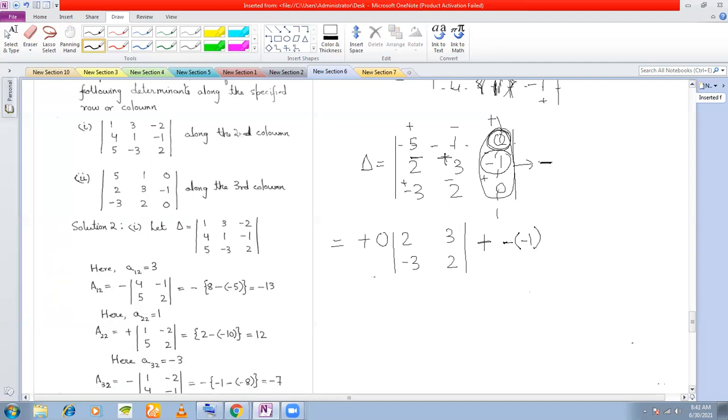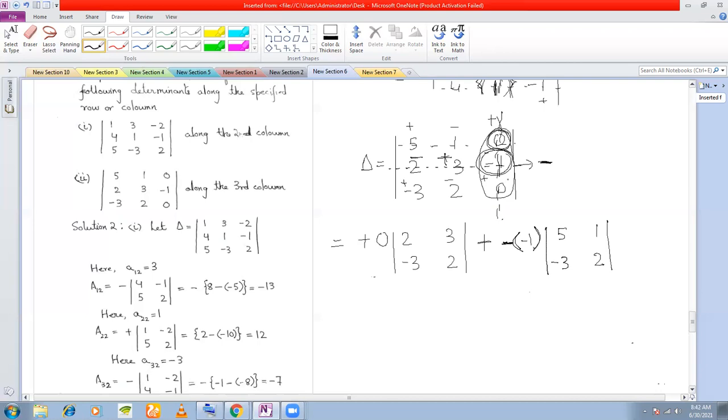Because this is a minus position, so this will obviously be a minus sign. And because this element is minus 1, we write minus 1 into the minor of minus 1. What is the minor of minus 1? You cancel out this row and you cancel out this column. What are you left with? You are left with 5, 1, minus 3, and 2, isn't it? This is what you are left with.